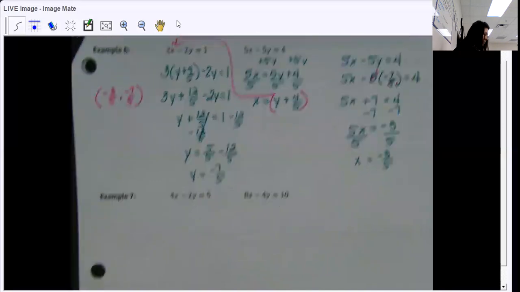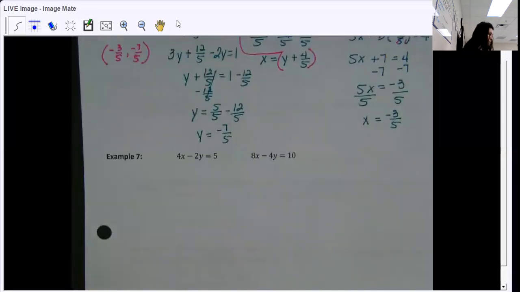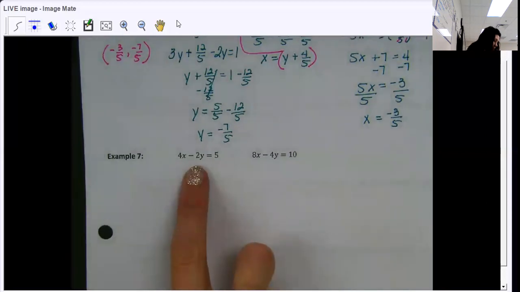Okay, let's move on to example 7. Okay, I need to set one of these equal to a variable. So let's look at this. I think I'm going to do this one. And I think I'm going to go ahead and isolate the y because I know that 4 is divisible by -2.